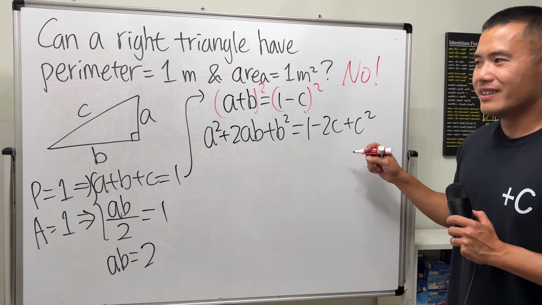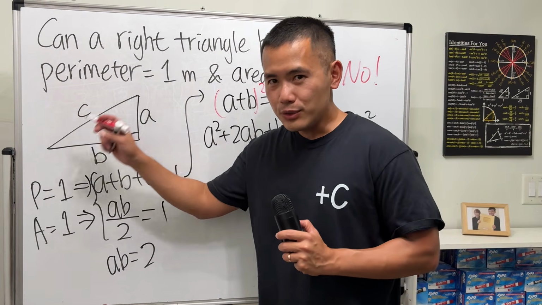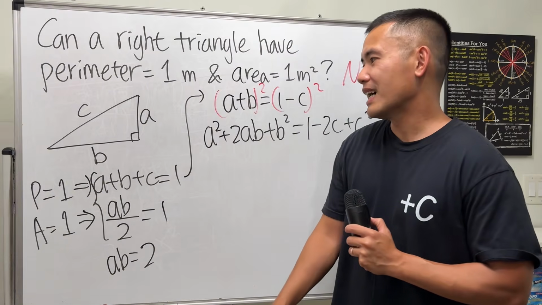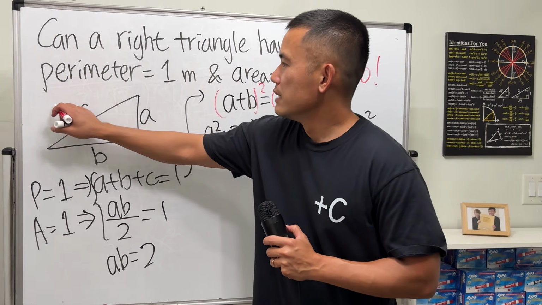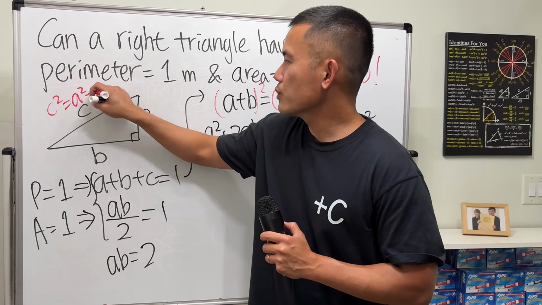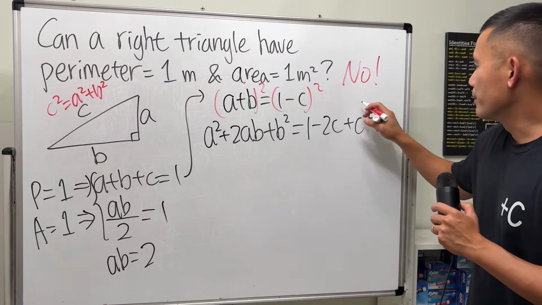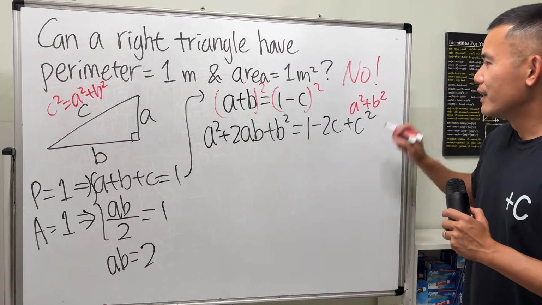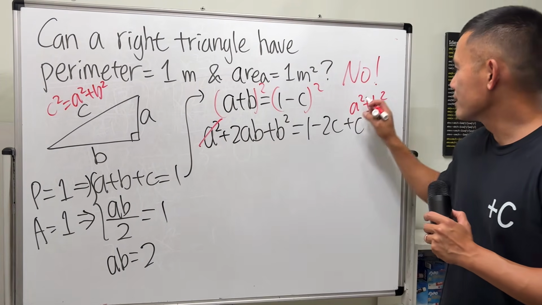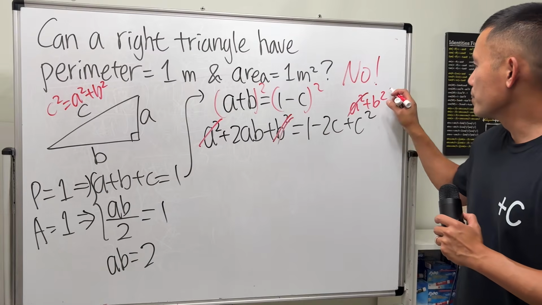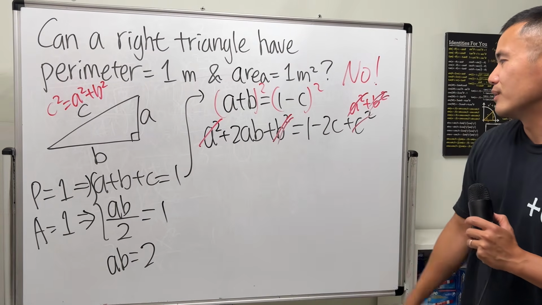But what's C squared? Well, this is a right triangle, so it must satisfy the Pythagorean theorem. So C squared has to be the same as A squared plus B squared. So we can put that right here, and we can cancel out A squared from both sides and then B squared from both sides. So this is gone now.